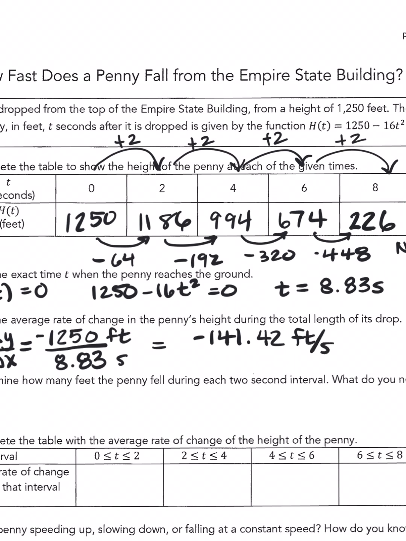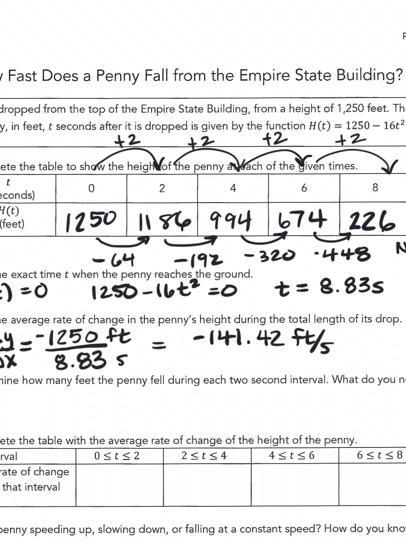Now, some of you did this as positive. Be very careful, all right? Be very careful that you're doing it rate of change. It starts at 1,250 feet and goes to 0, meaning that it's negative, okay?